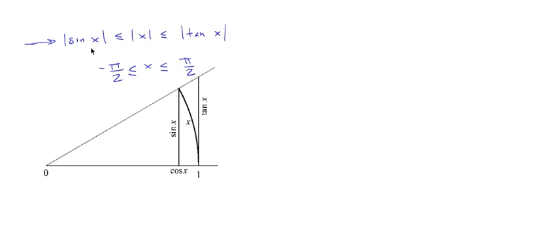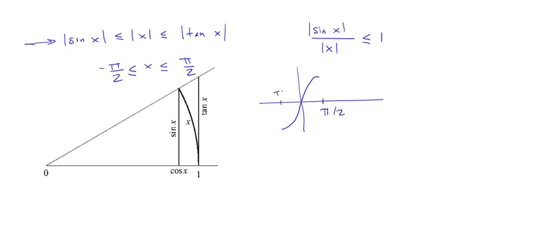Now we can divide the left one by the absolute value of x. Then we have sine of x divided by the absolute value of x is smaller or equal than 1, right? Now I'm going to draw the sine of x between minus pi over 2 and pi over 2.